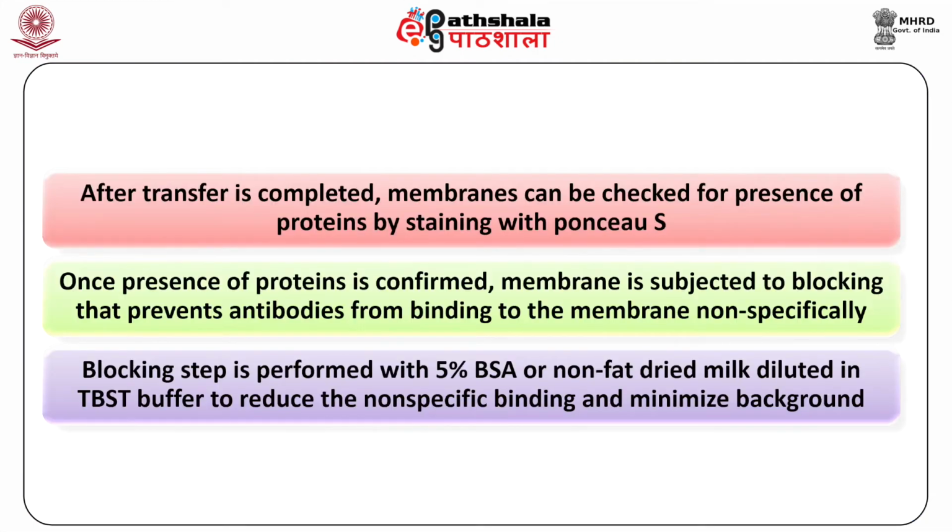After the transfer is completed, membranes can be checked for the presence of proteins by staining with Ponceau S stain. Once the presence of proteins is confirmed, the membrane is subjected to blocking that prevents antibodies from binding to the membrane non-specifically.